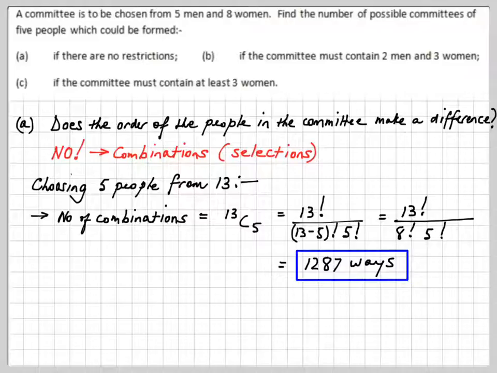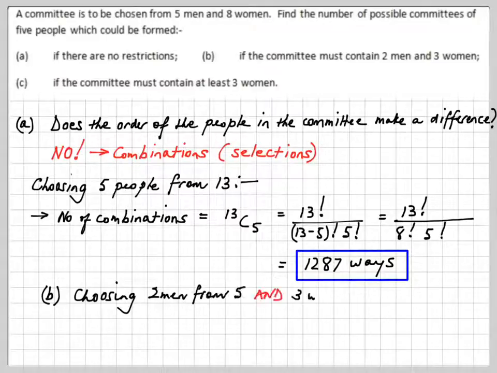Good. Let's do B now. We've got to have 2 men and 3 women, so that's a bit of a restriction. I think the way to do that, guys, is to work out the number of ways of having the 2 men, and then secondly work out the number of ways of having 3 women, and then find a way to get them together into that committee of 5.